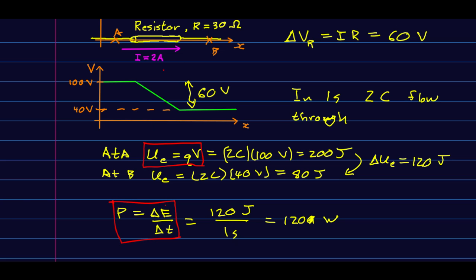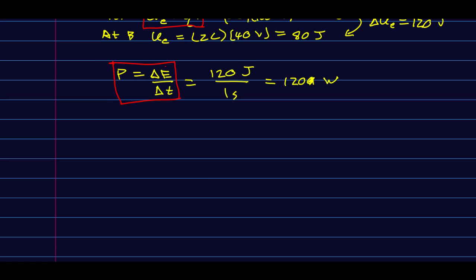So I did that for a resistor, but notice that because all I used were these two definitions, and these two definitions are totally general, this will apply to anything. So it doesn't matter if I was talking about a battery instead, where there was some delta V across the battery and we knew the current through the battery.